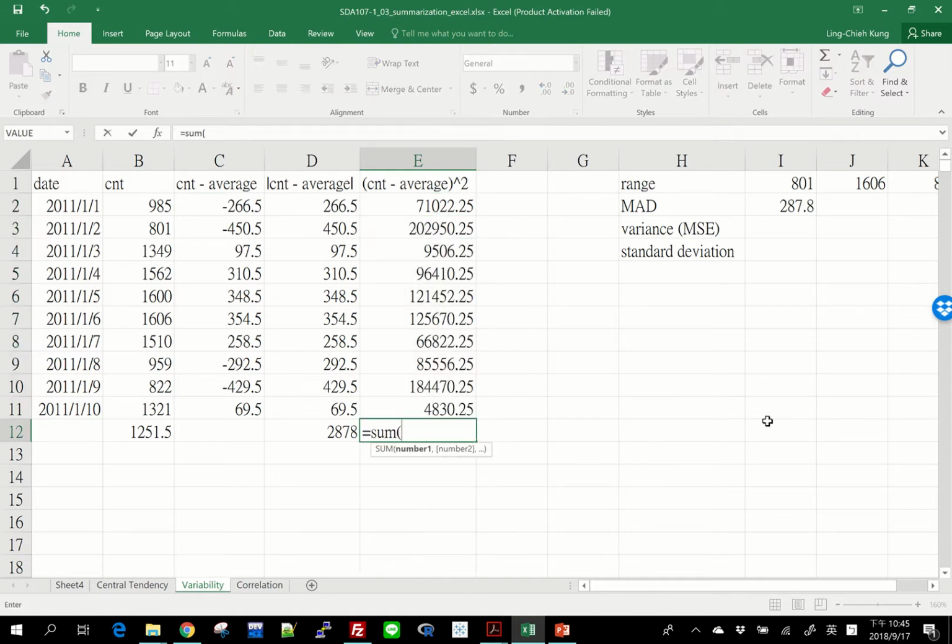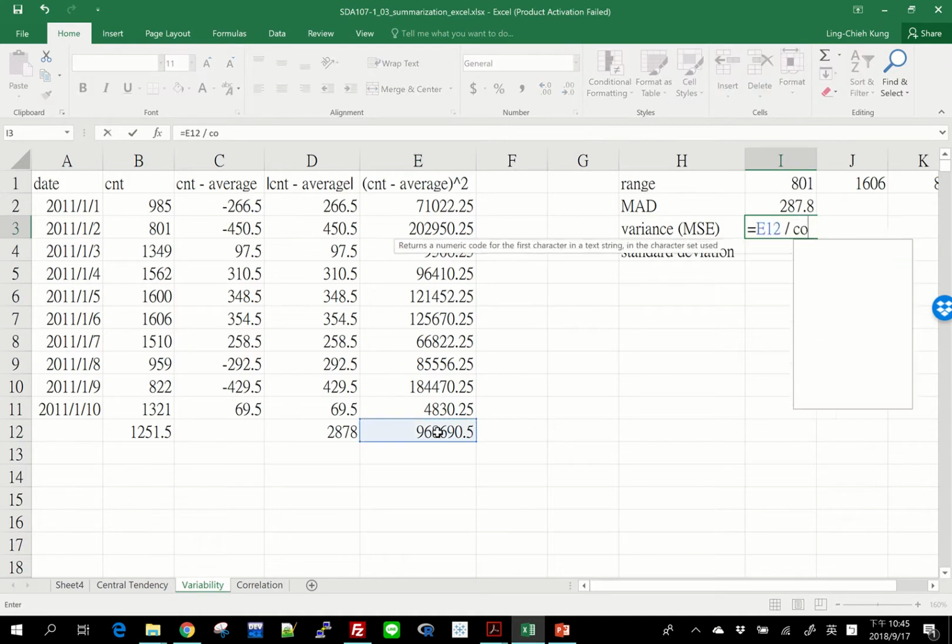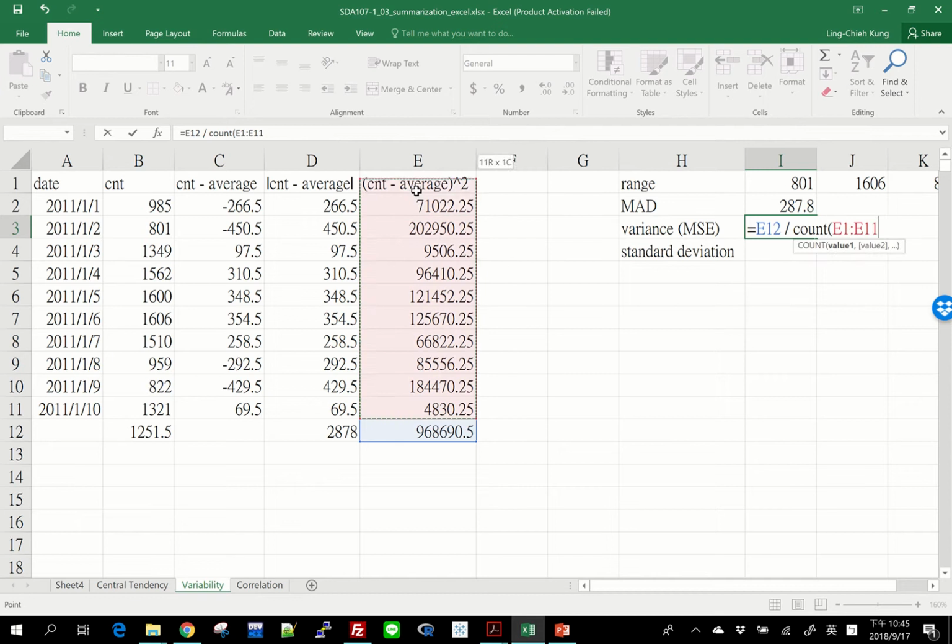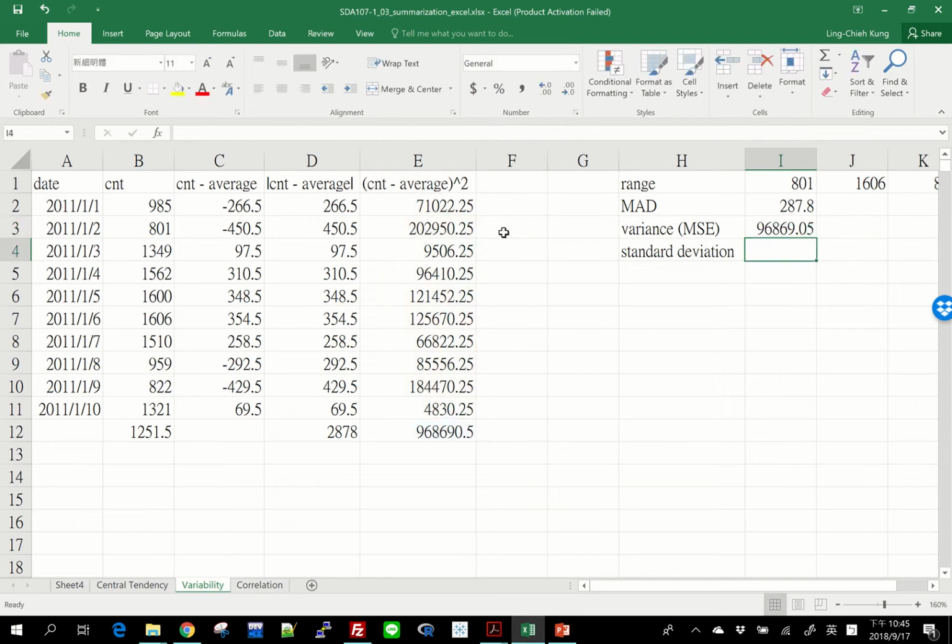I want to sum them up, and then divide by the number of values. Let me just sum them up first. Okay, so this is my sum of squared deviations. Then all I need to do is to take this number divided by the number of values I have. Okay, so this is my variance.